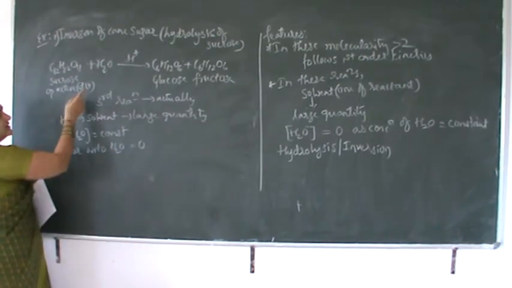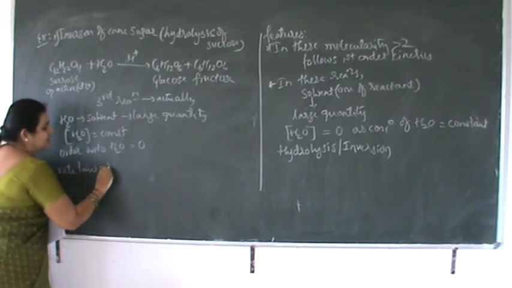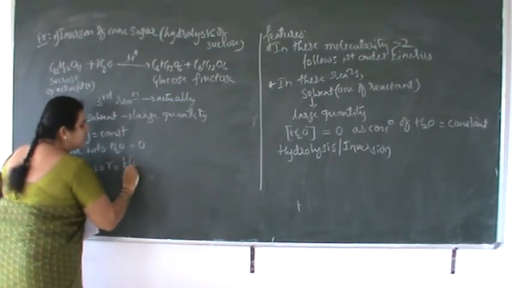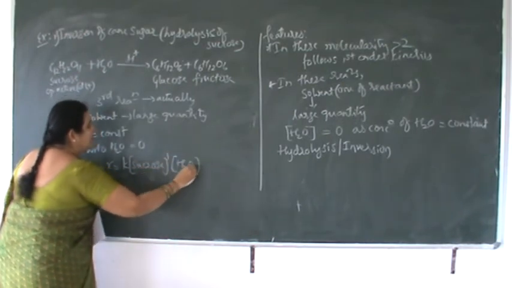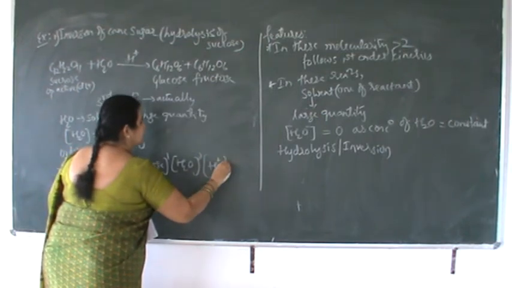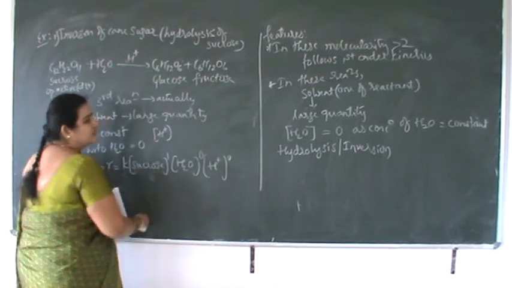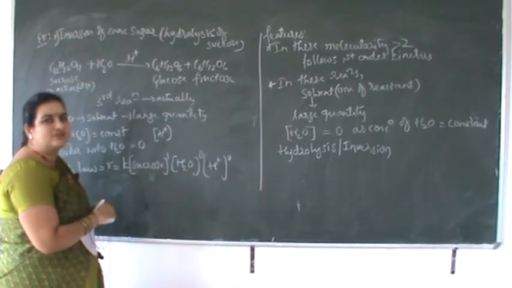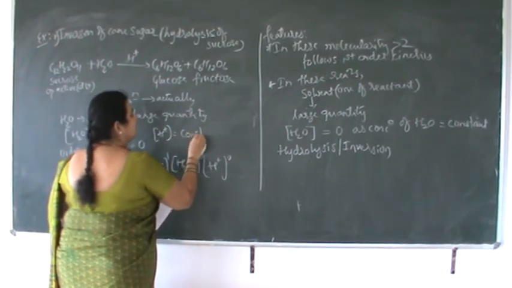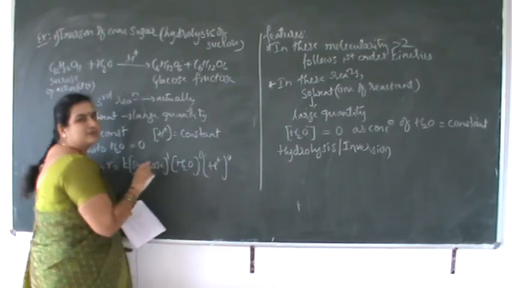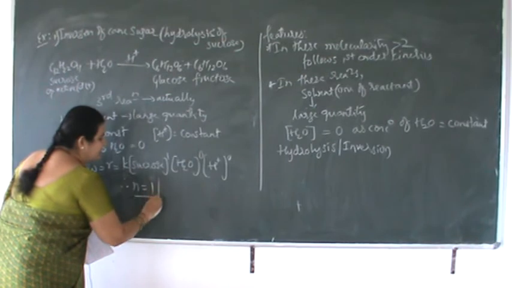So the rate law can be written as R is equal to K into sucrose raised to 1, H2O raised to 0 and H plus raised to 0. Because H plus is a catalyst, we are taking the reaction in the presence of a dilute acid, and the concentration of H plus remains constant. So the order with respect to H plus is also 0. Therefore, the overall order of the reaction is 1.